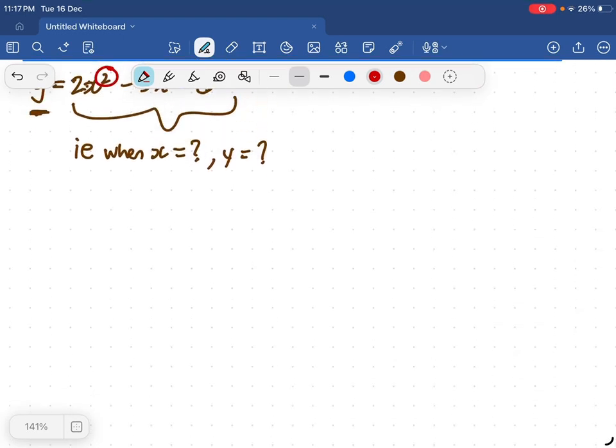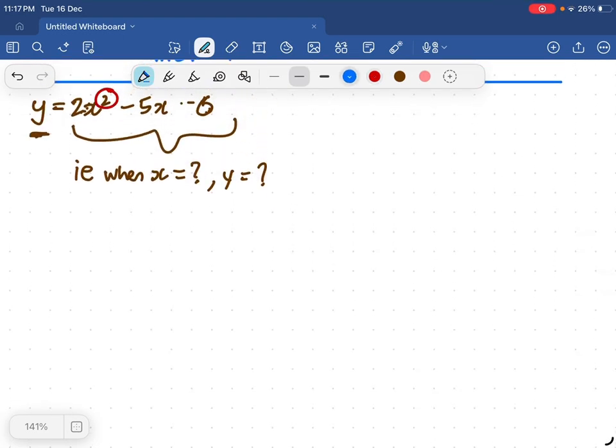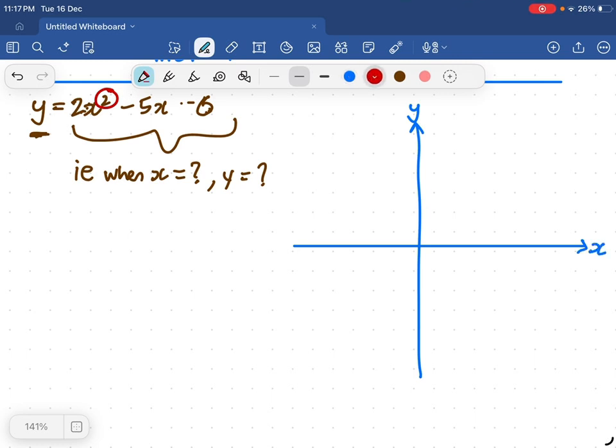So let me draw this graph over here for you. So this is the y-axis, this is the x-axis. Now the graph is going to look something like this. Yeah, something like that. Then this is 0, and this is the equation.